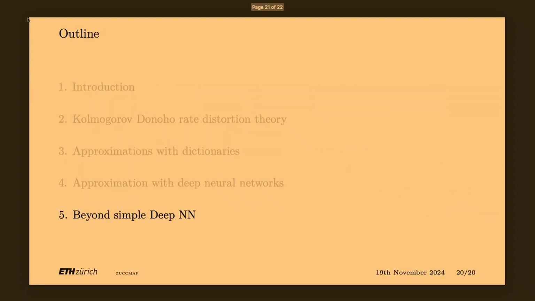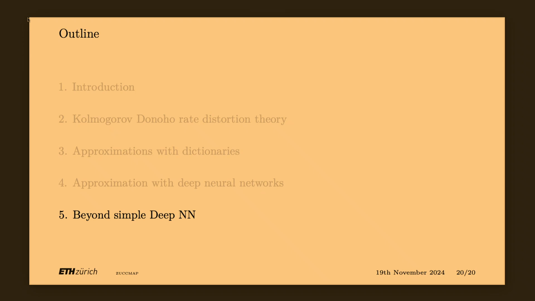Now, as I said, one could say a lot more than just this, also for other deep learning objects that have been used. You can try to explain the success of recurrent neural networks, of transformers, of a lot of different objects, with essentially the same ideas that we just used here.